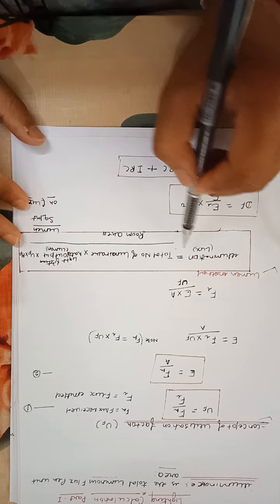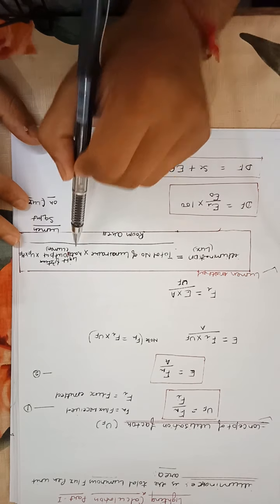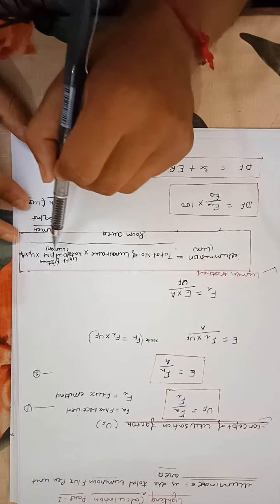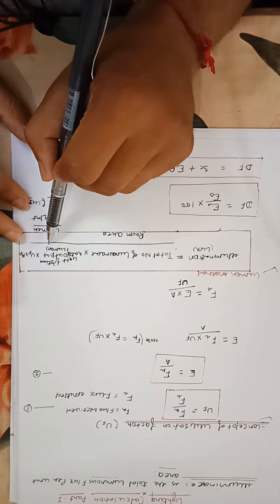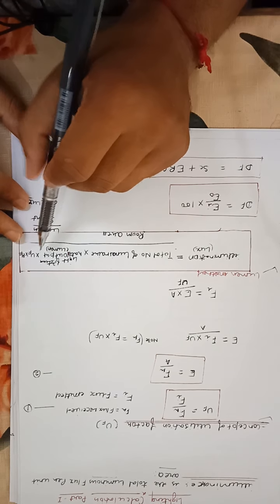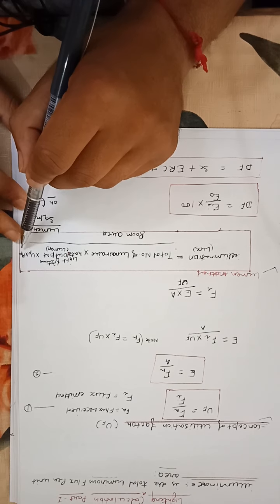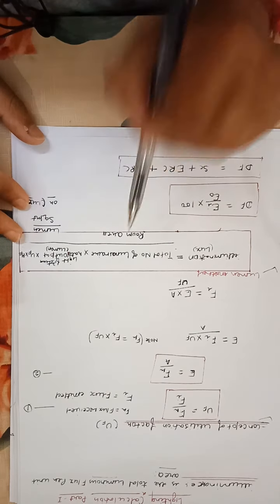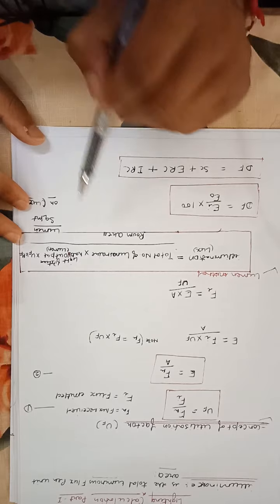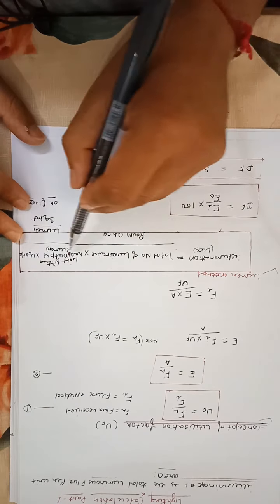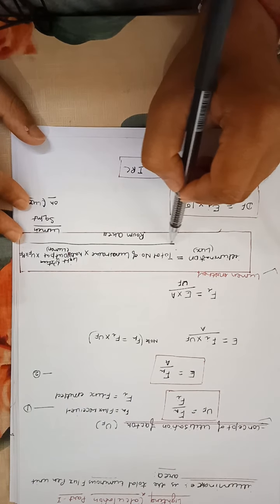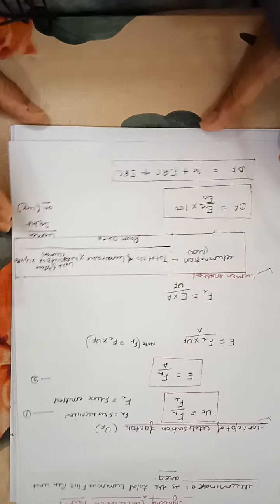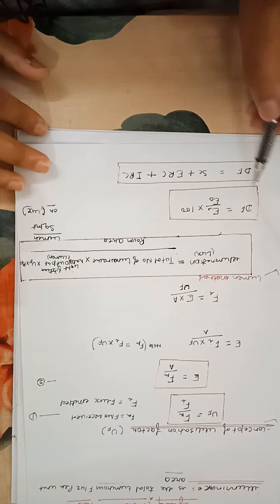Illumination in lux is equal to the total number of luminaires into the rated output of one light fixture, into utilization factor and maintenance factor, divided by room area. We can put the values here and find different values. So this is also an important formula.